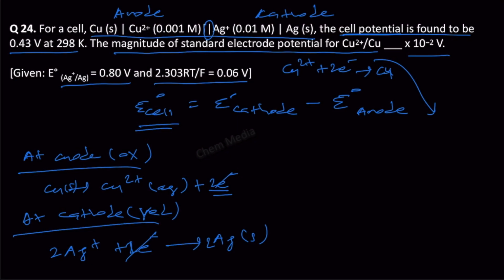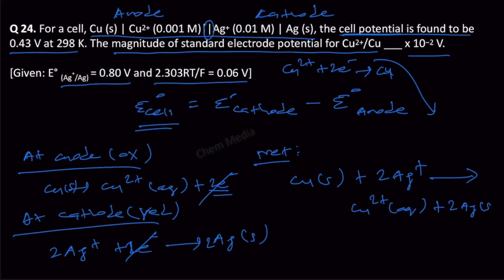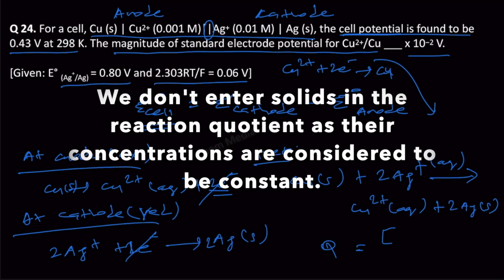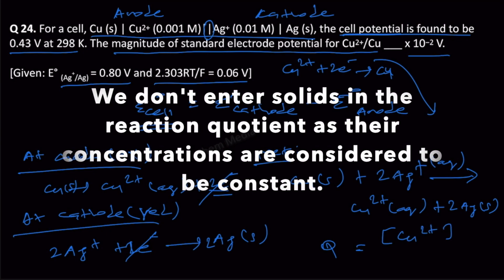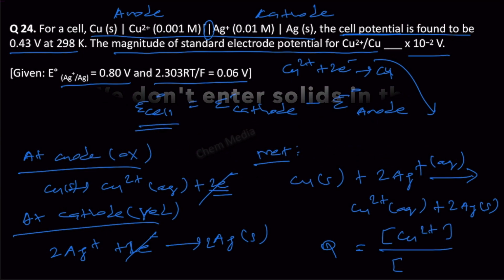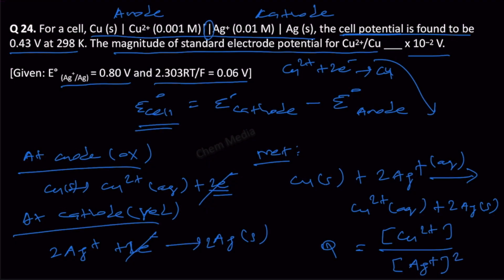So, this means the net reaction is copper solid plus 2 Ag plus giving copper 2 plus plus 2 Ag solid. So, that is the net reaction. So, this means the reaction quotient is concentration of copper 2 plus divided by concentration of Ag plus whole square, because we have the stoichiometric coefficient 2 here.